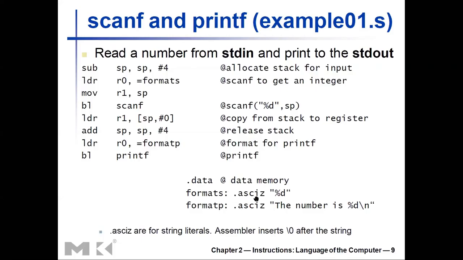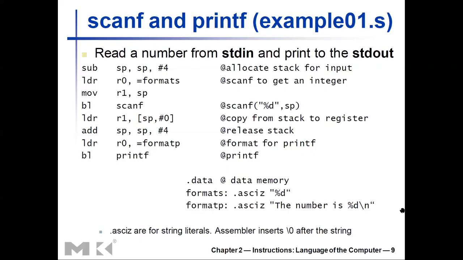Then ASCII Z is an assembler directive. We use this directive to tell the assembler that everything we specify after it has to be read as ASCII values.